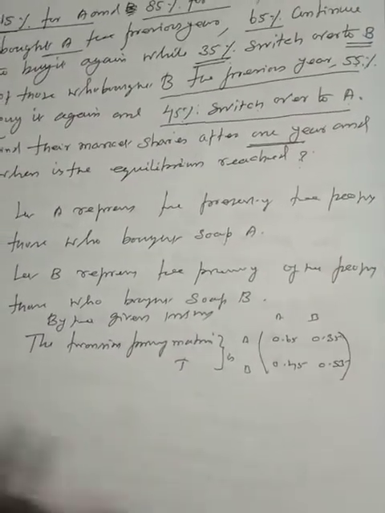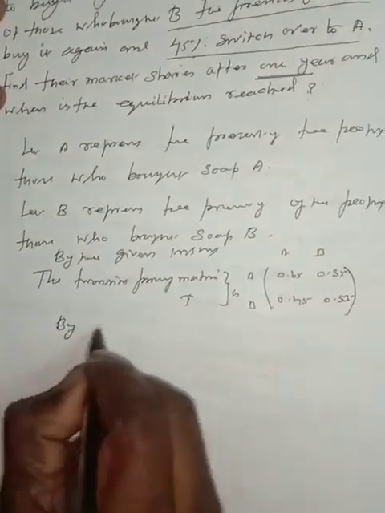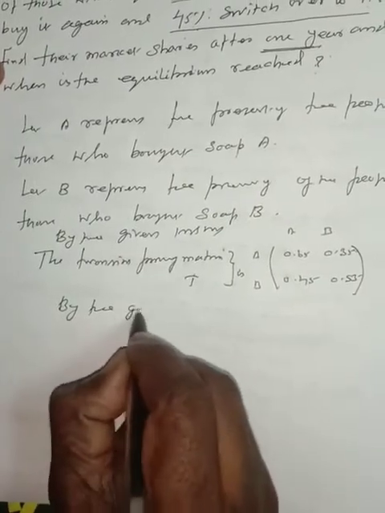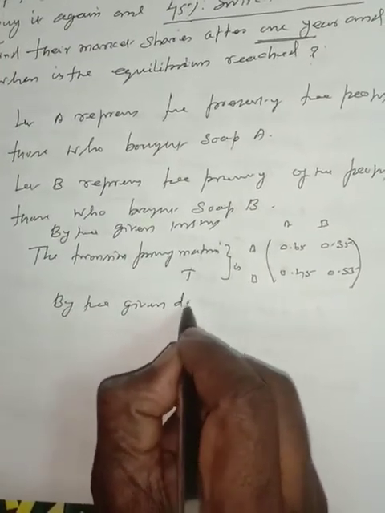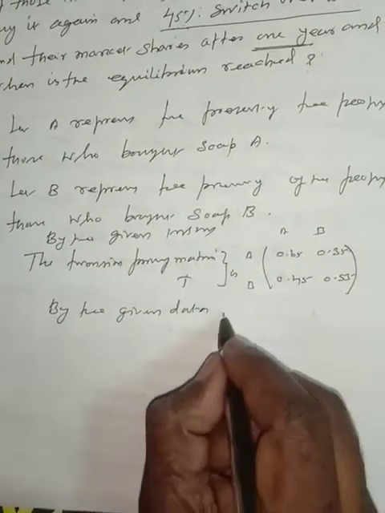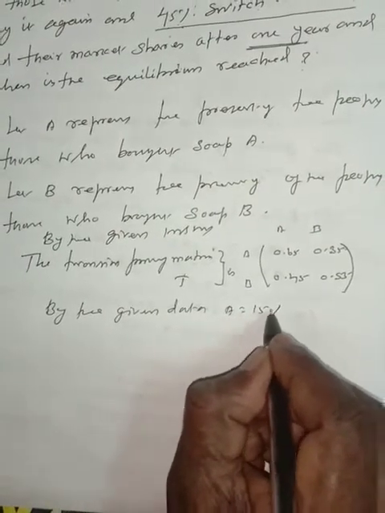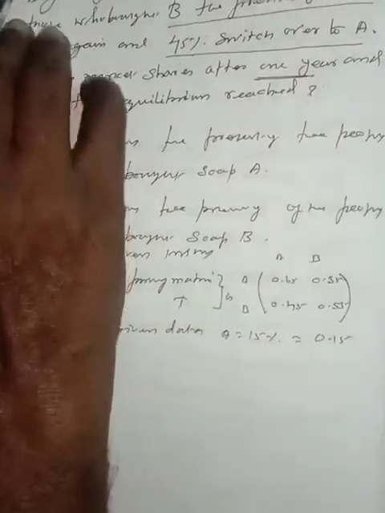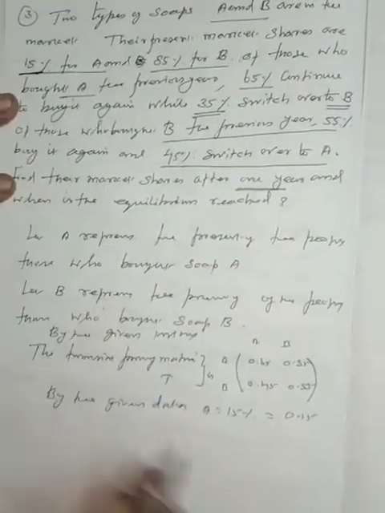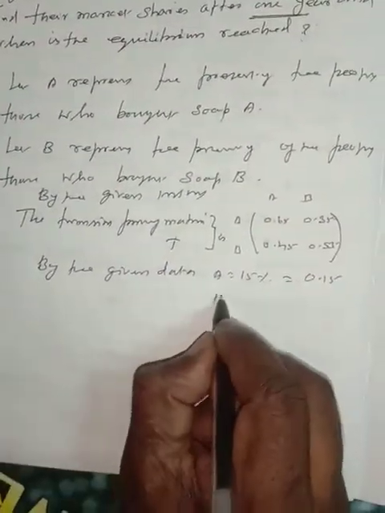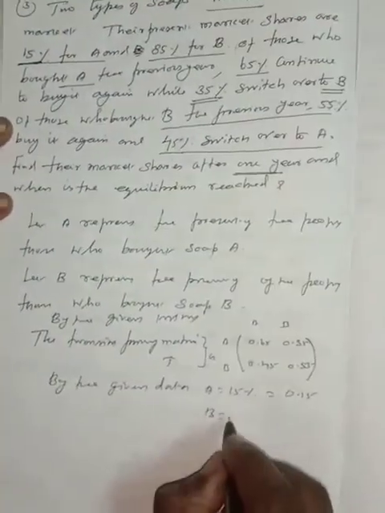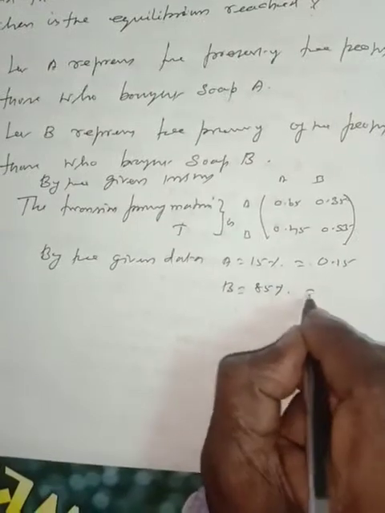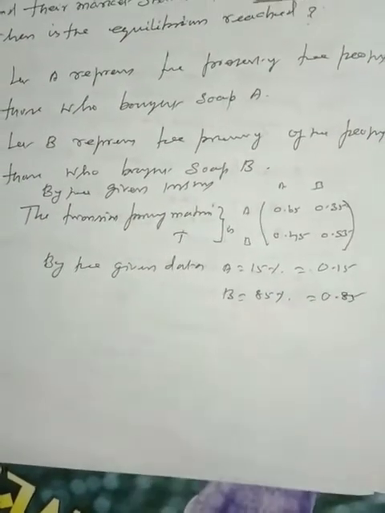By the given data, A is equal to 15%, that is 0.15, then B is equal to 85%, that is 0.85.